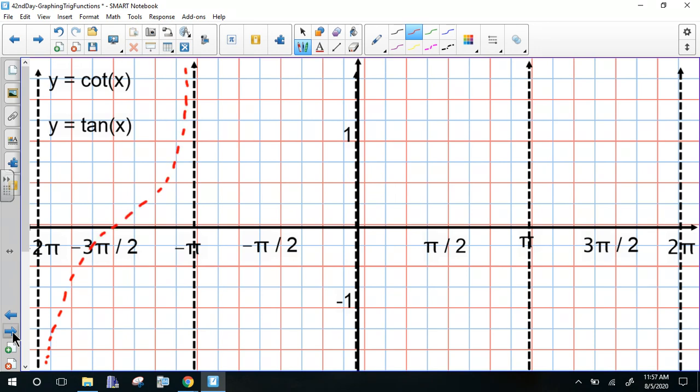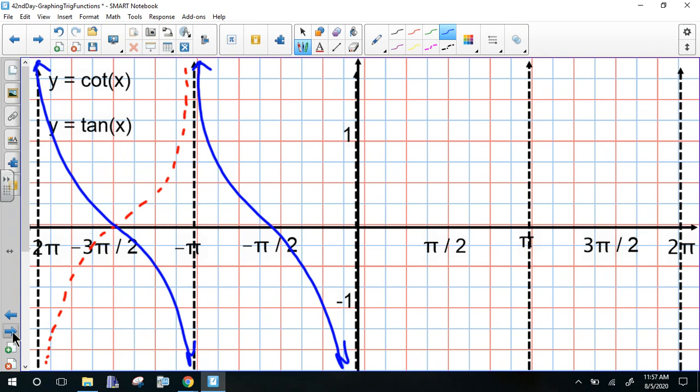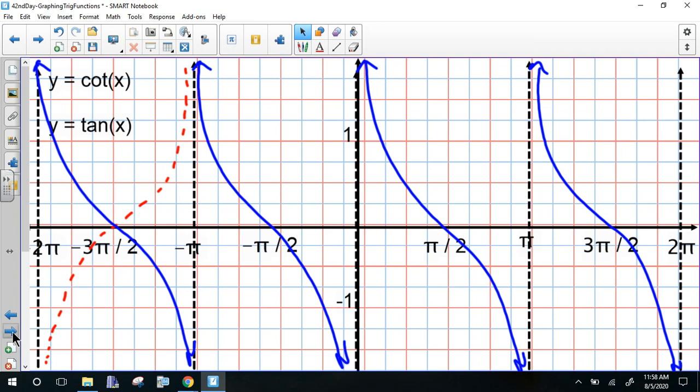Well, cotangent's going to go the other way. It's going to start up top on the left and come down. So the blue lines are y equals cotangent of x.